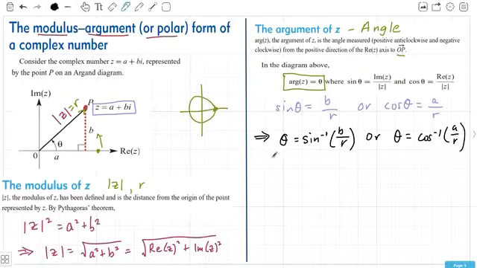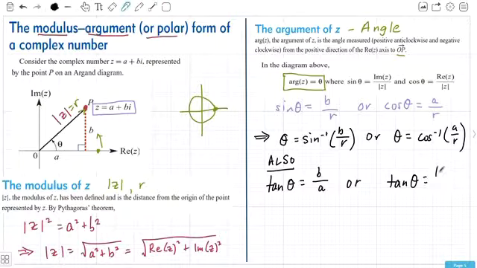The other way that I tend to do this, just because it is separate from using r, and if you do make a mistake with your modulus, you don't also affect your angle, is that I use tan, okay? So if we have a look here, you can see that also tan of theta equals the opposite, b, over the adjacent, a, or written with the imaginary and the real notation, tan of theta equals the imaginary part of z over the real part of z.